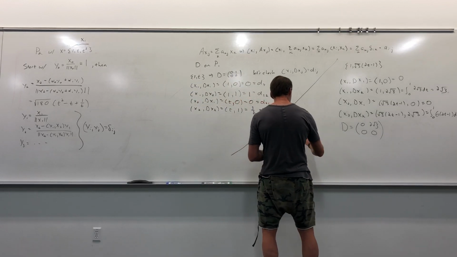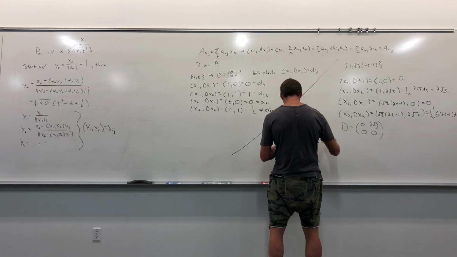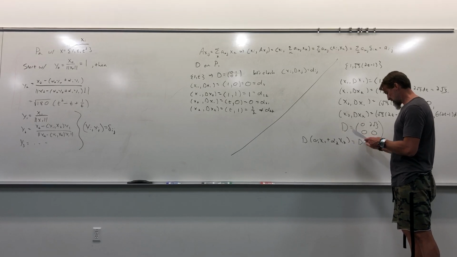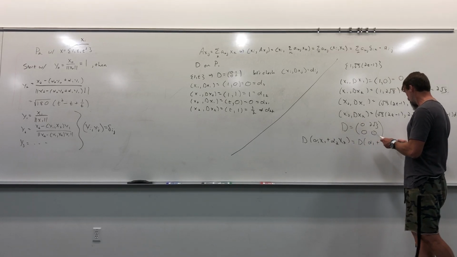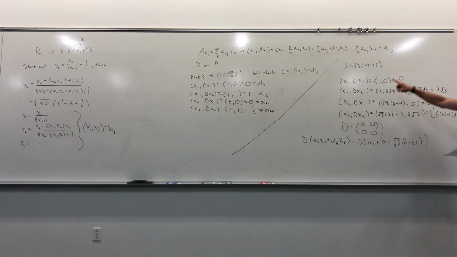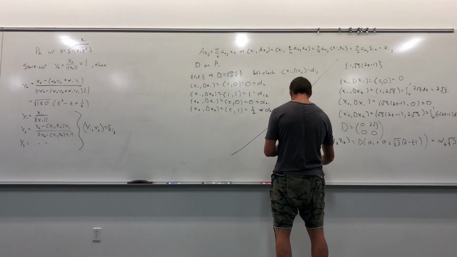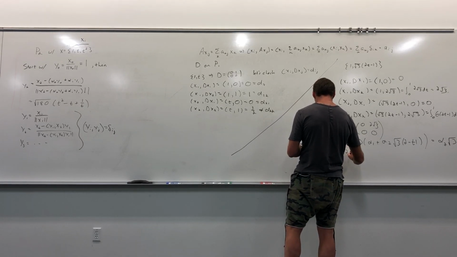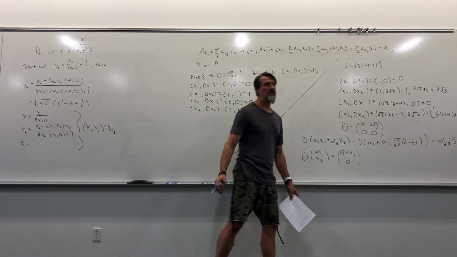Let's check that. So D on alpha1 x1 plus alpha2 x2 is D on alpha1 plus alpha2 √3 (2t minus 1). I'm just using this basis for x1 and x2. That gives me 2√3 alpha2 x1, which means that my matrix needs to take (alpha1, alpha2) to (2√3 alpha2, 0), which is exactly what that bad boy will do.